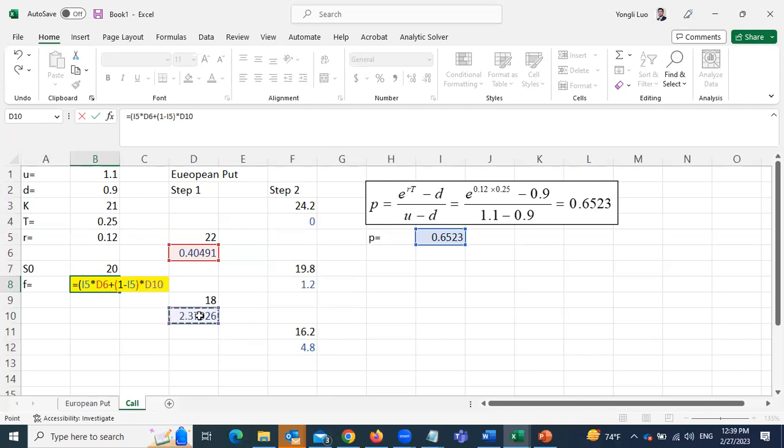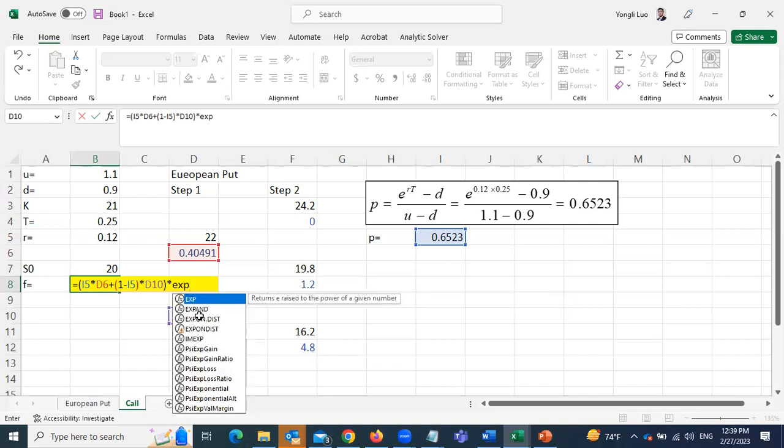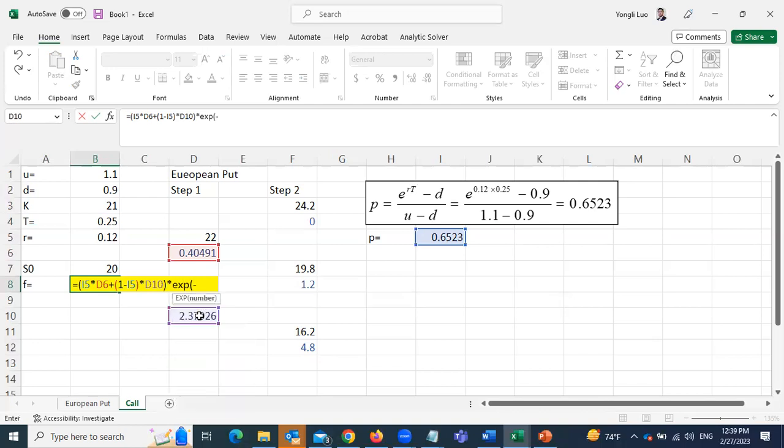Okay, that's the price. And then you close the parentheses times exp and then raise to the power of negative t times r. Okay, so that will give you the put option price.